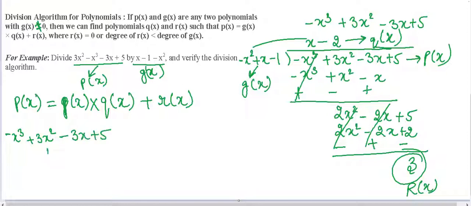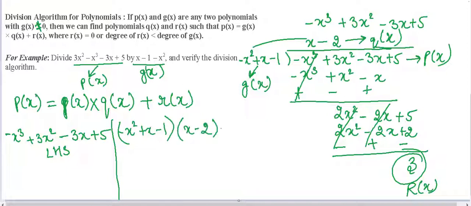So this is your LHS. Now here you will solve your RHS. It will be minus x square plus x minus 1. It will be multiplied with qx, that is x minus 2. First you will do this and then you will add 3.